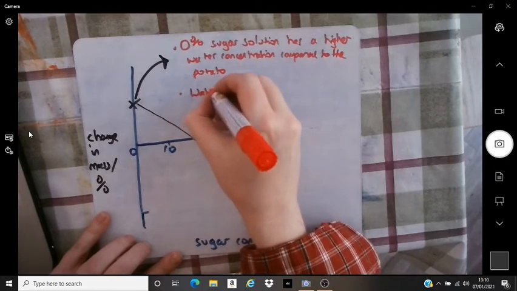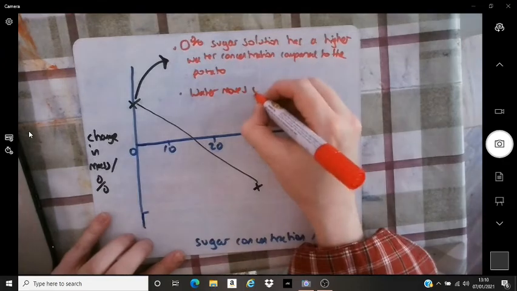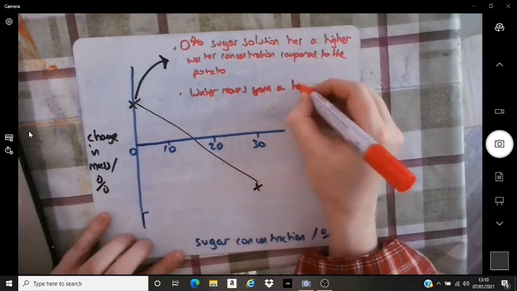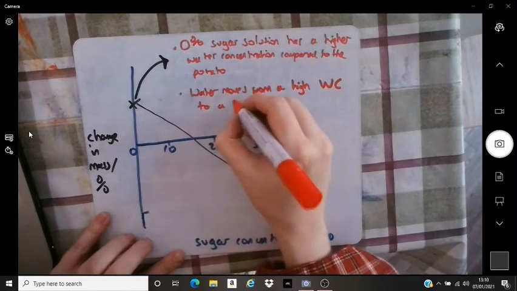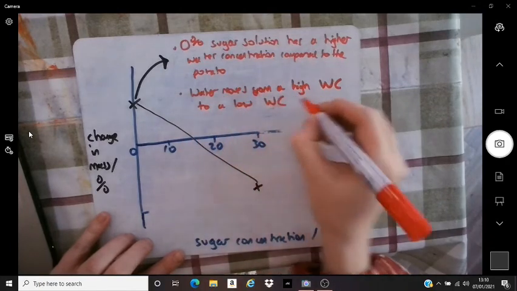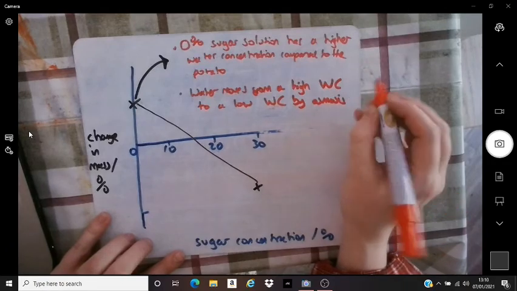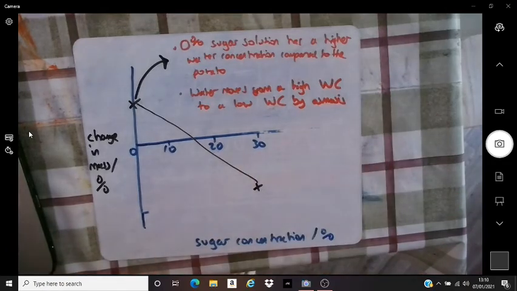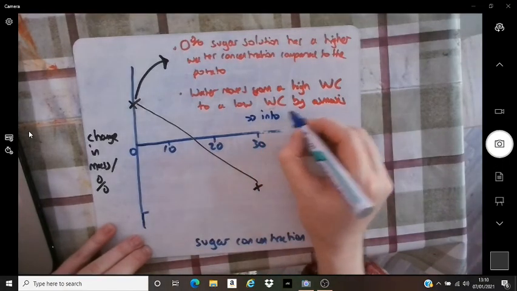So water moves, this is my osmosis definition now, from a high water concentration to a low water concentration by osmosis. And clearly that means it's going into the potato.